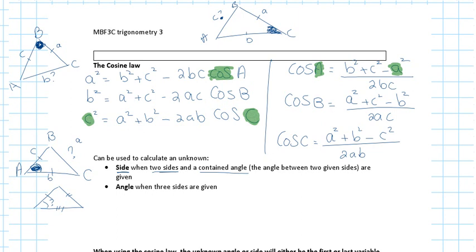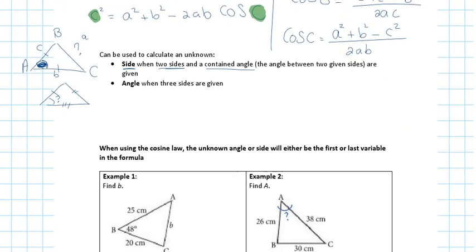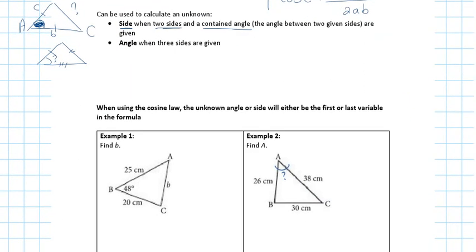Okay, so if I look at example 1, what do I have? Two sides and they contain A.